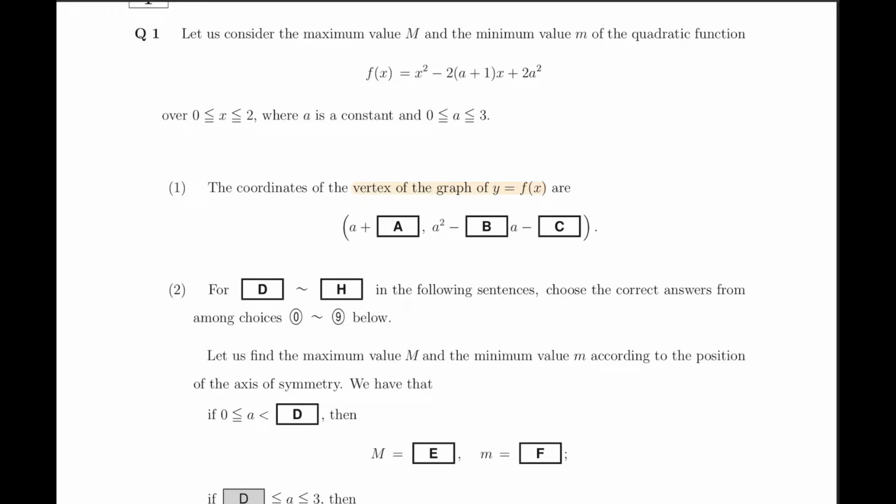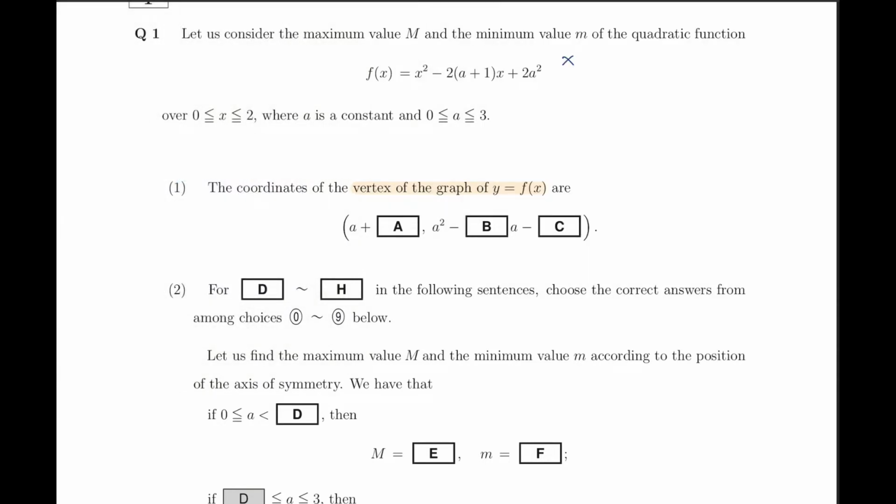If we want to find the vertex of a quadratic equation, the x coordinate of the vertex can be found by using the formula negative b over 2a. Of course, you can use the first derivative to find the x coordinate, but the simpler way is by using the formula negative b over 2a.